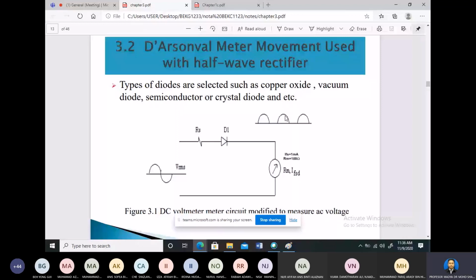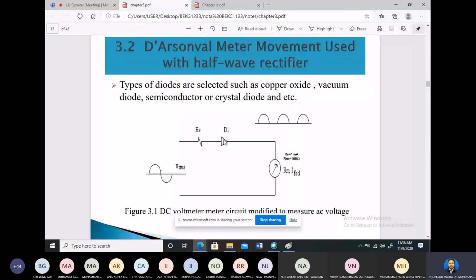Using a single diode here, when you use the oscilloscope our waveform will be like this, cancelled on the negative side, because the diode conducts in this direction, from this one to this one.